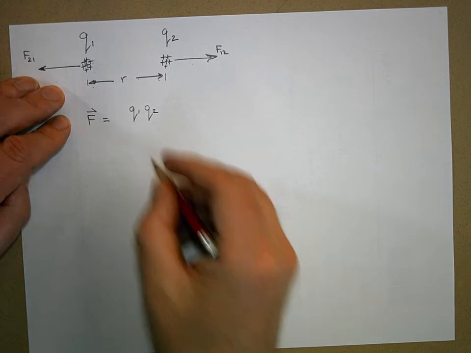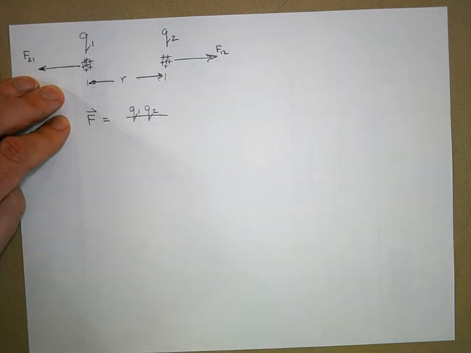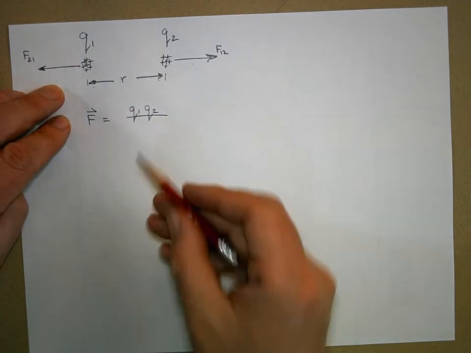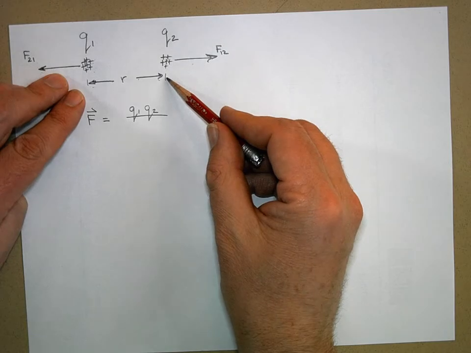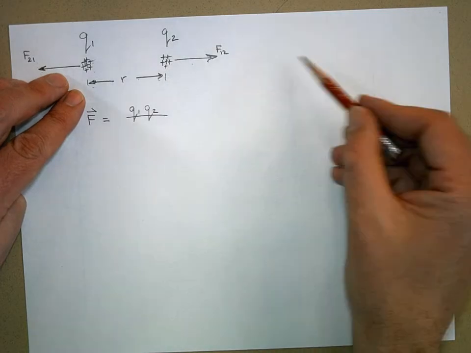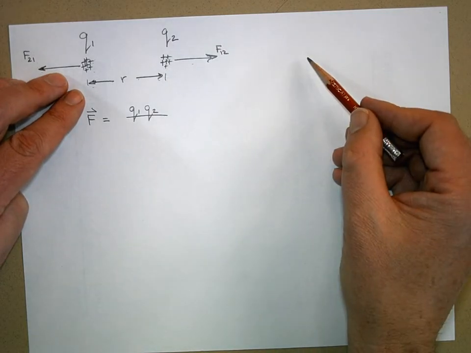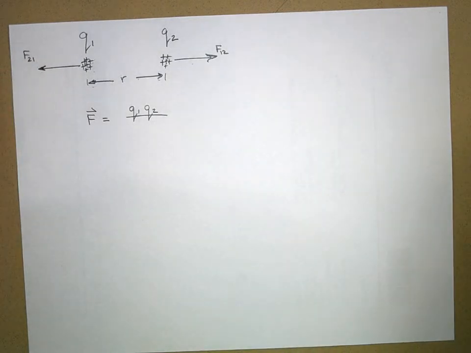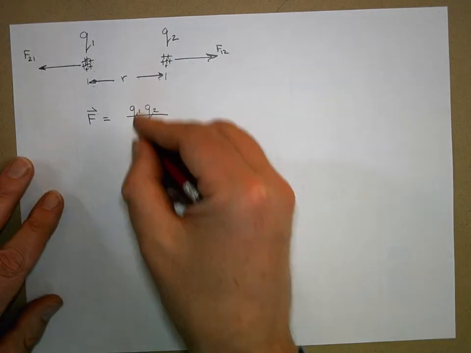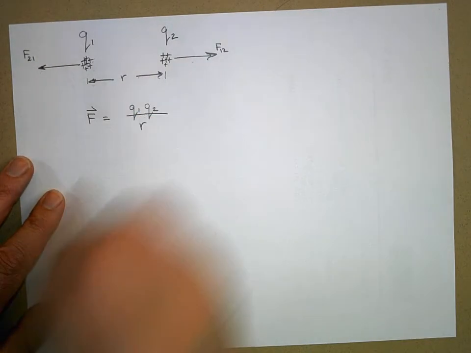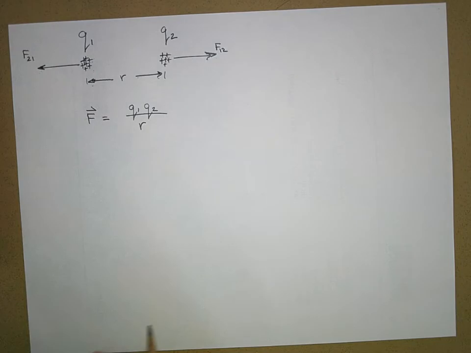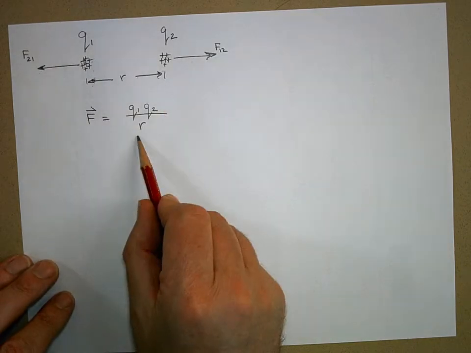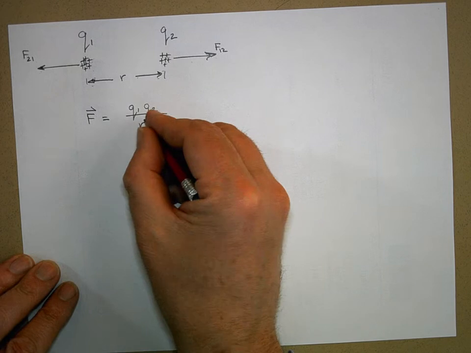And then, wouldn't you expect the force to get weaker if the charges are further apart? That sort of makes sense, doesn't it? The farther apart the objects are, the weaker the repulsive force. You bring them closer together, the force gets stronger. So it's inversely proportional to R, where R is the distance apart. But not just R, R squared.